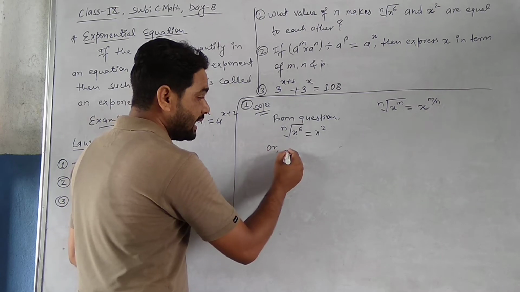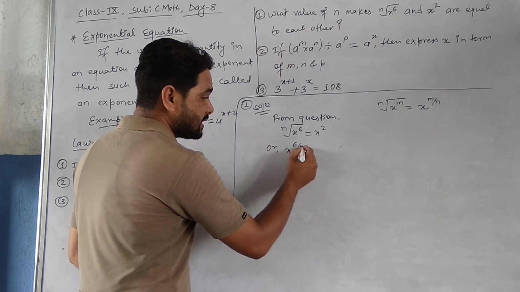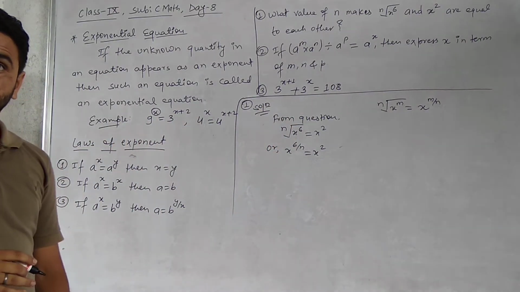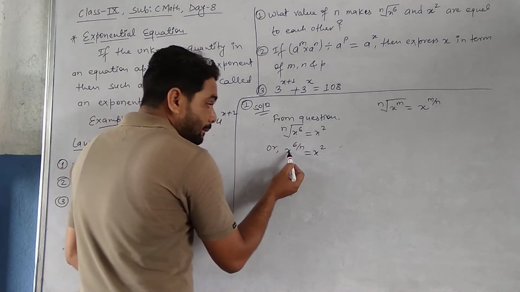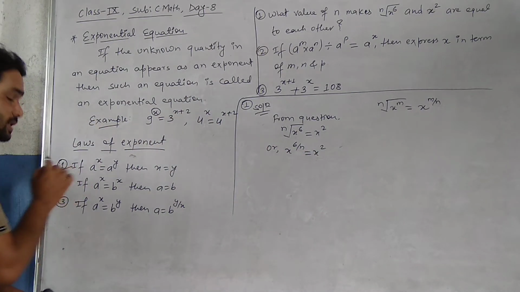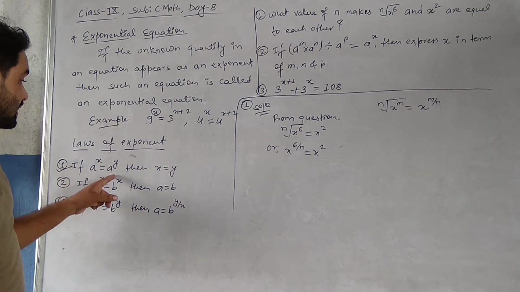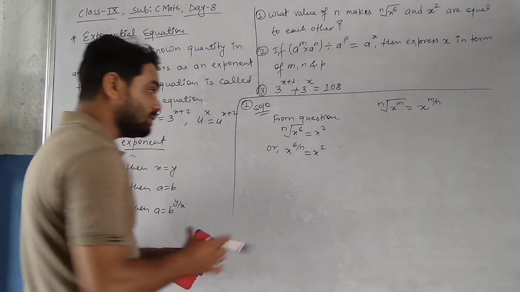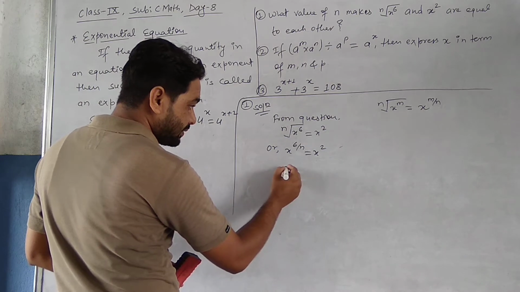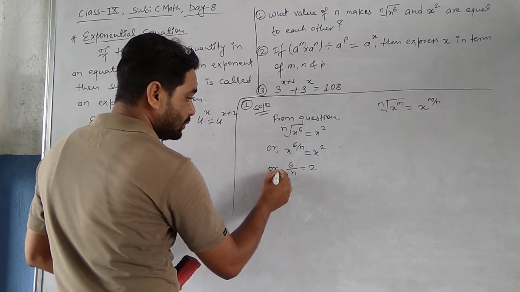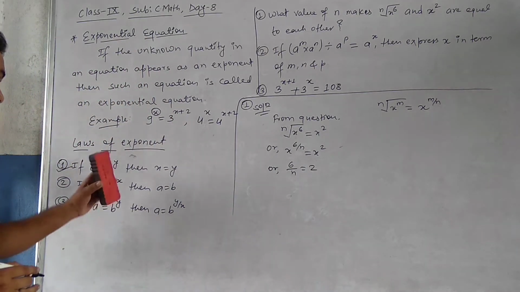So we can write x power 6 upon n equals x square. Now look, the base is same and the powers are different. First law says that if the base is same and powers are different, then we can equate the powers. So we can write 6 upon n equals 2, from the first law.